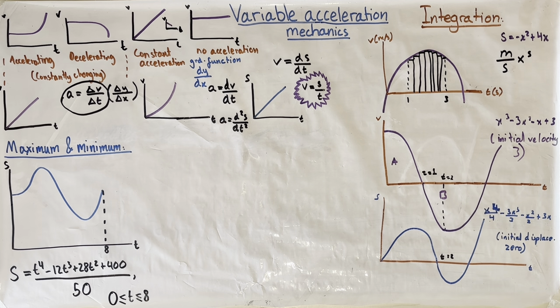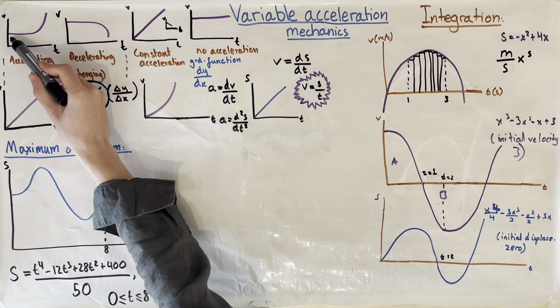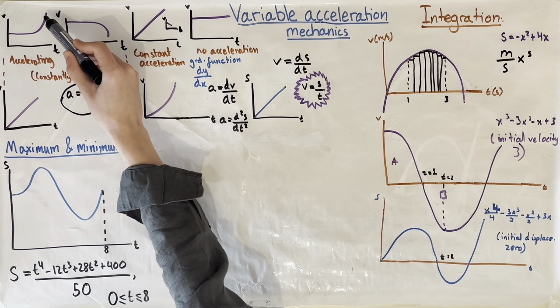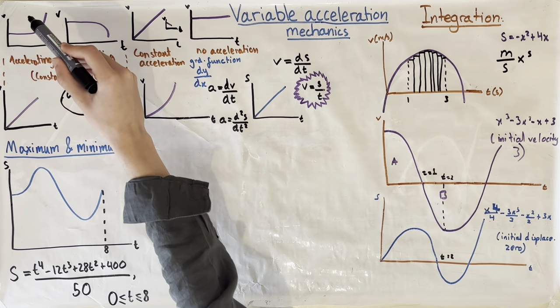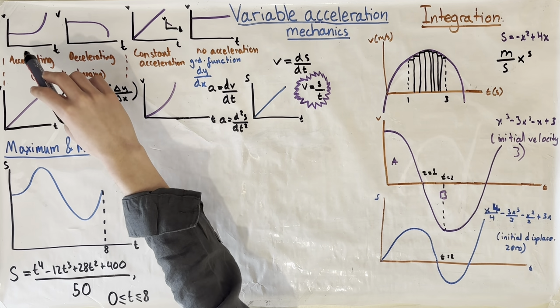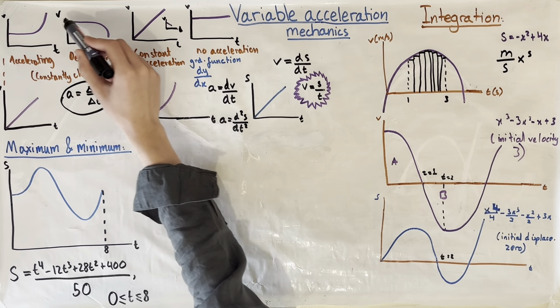So first we'll start with some basic knowledge. When we're looking at variable acceleration, we're going to be looking at graphs that look like this, where the velocity is constantly changing and the acceleration is also constantly changing.